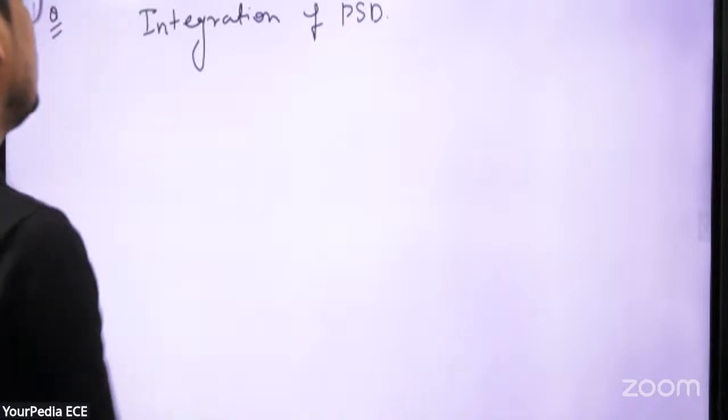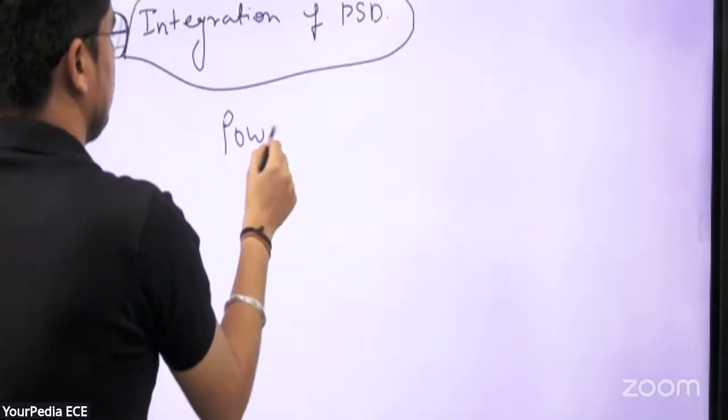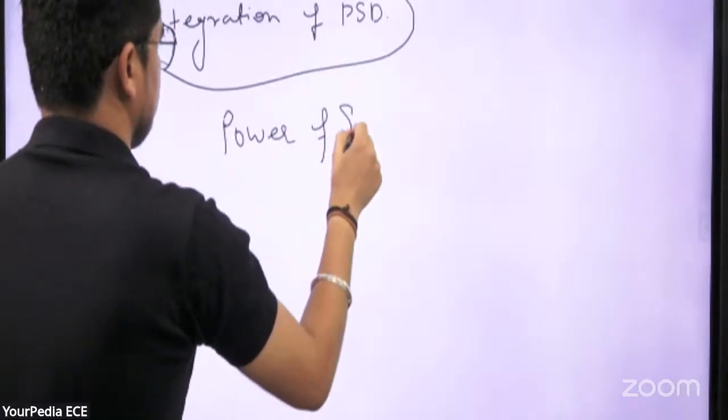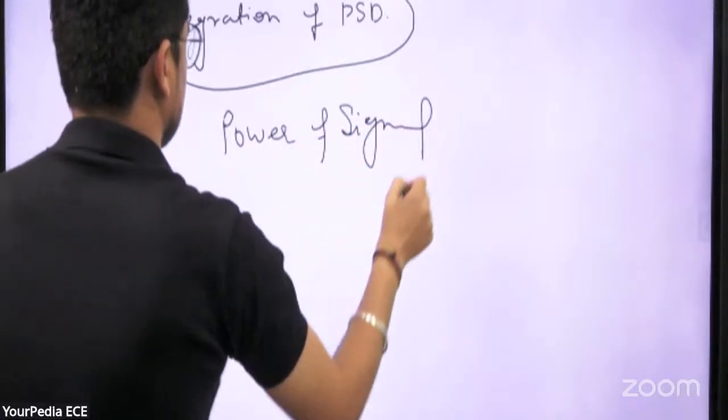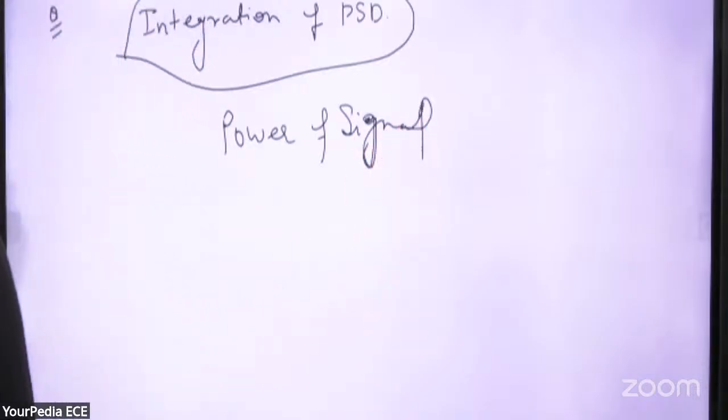So the integration of PSD will give you the power of that signal. I don't have the options for this question. I only received the question of what the integration of the power spectral density gives, and that is the power of that signal.